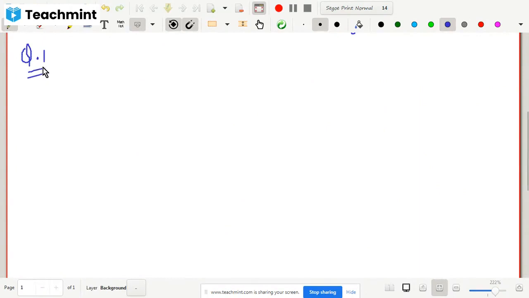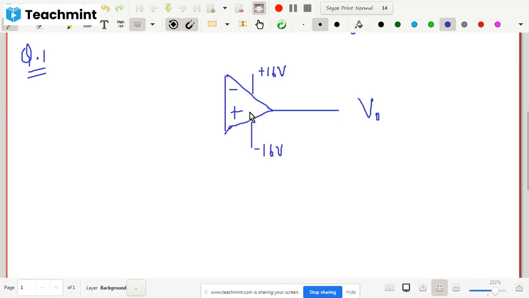So now you need to calculate the output. I'm just drawing a circuit diagram here, let me do it quickly. V naught is the output. These are my plus 16 volt and minus 16 volt supply voltages, and then I'm giving some input here.